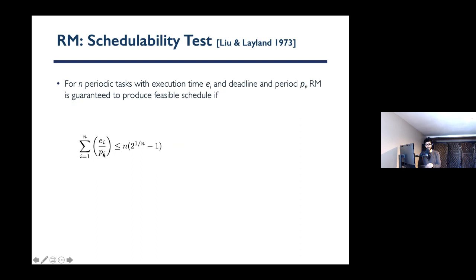What that means is, if my task has jobs that arrive every 10 seconds, and each one of them needs 2 seconds of execution time, it means that my task is going to utilize 20% of the CPU, because every 10 seconds, I need to run for 2 seconds. So that means that I'm going to utilize the CPU by 20%. I'm going to get 20% of CPU time.